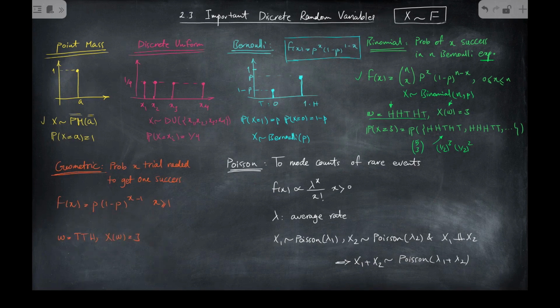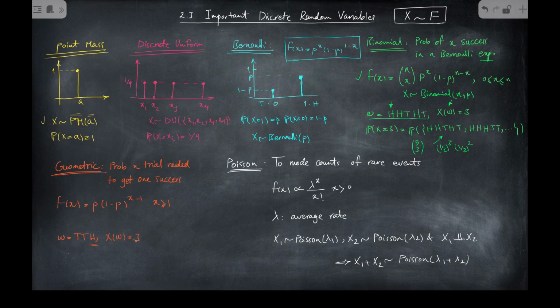Next, we have the geometric random variable. It's similar to binomial, so it's a sequence of Bernoulli trials, but you continue the Bernoulli trials until you get 1 success. So how many times do you need to flip the coin until you get a head? So here, for example, the value is 3. And this is interesting because this is a one-to-one mapping.